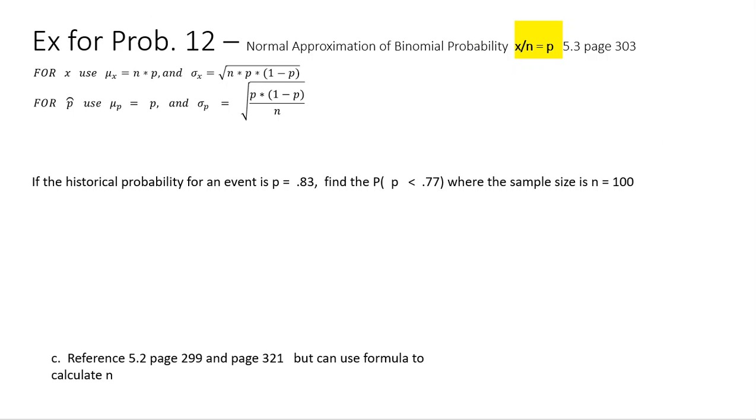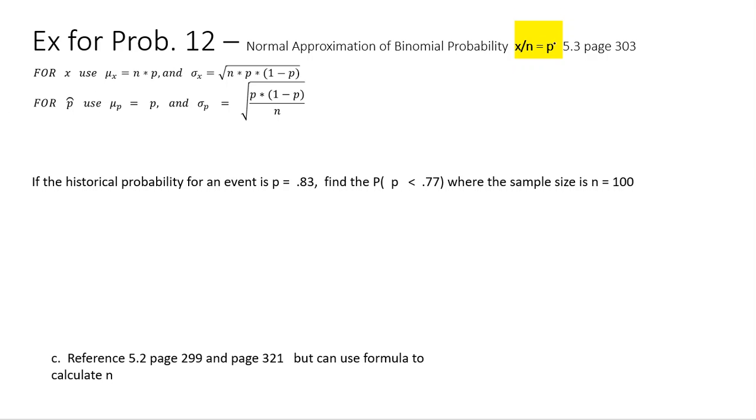If you're discussing the x in this equation over here in yellow, then your mean is going to be n times p, and your standard deviation for that x is going to be the square root of n times p times 1 minus p, which a lot of textbooks call q.